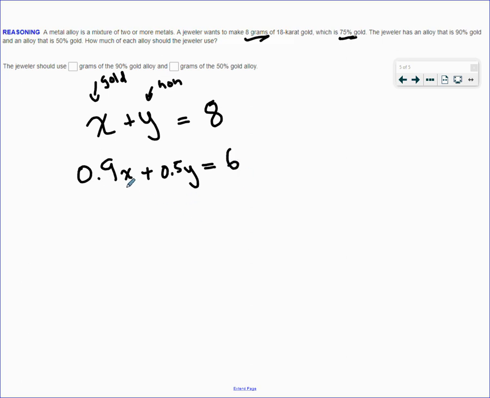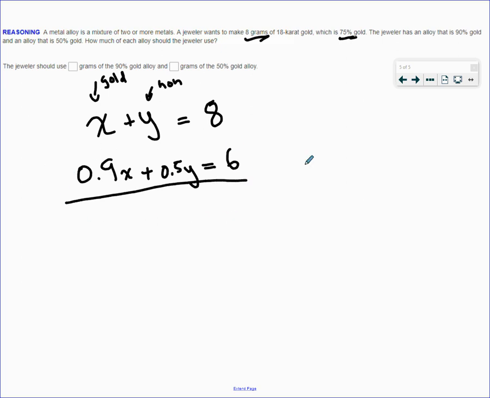Because 90% of one is gold and 50% of the other, so we want a total of 6 grams of gold. And we know that if we put all of x, the one that's 90% gold, and all of y, the one that is 50% gold, together, we have 8 grams in total. So this is our system of equations.